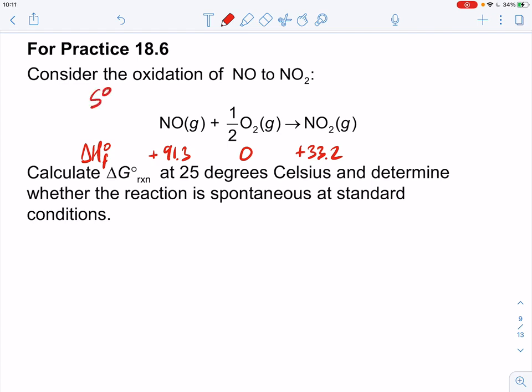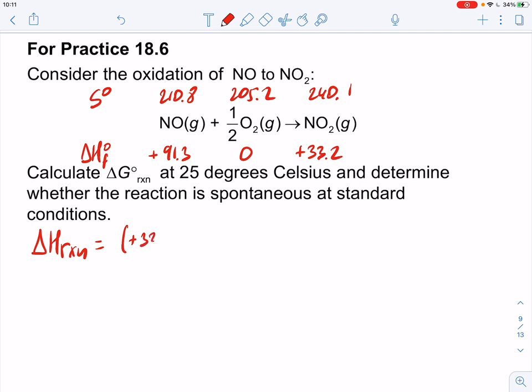Now the entropies for nitrogen monoxide is 210.8, for oxygen is 205.2, and for nitrogen dioxide is 240.1. Okay, so your enthalpy of reaction, it's going to be the enthalpy of NO2. Now let's just do it directly.